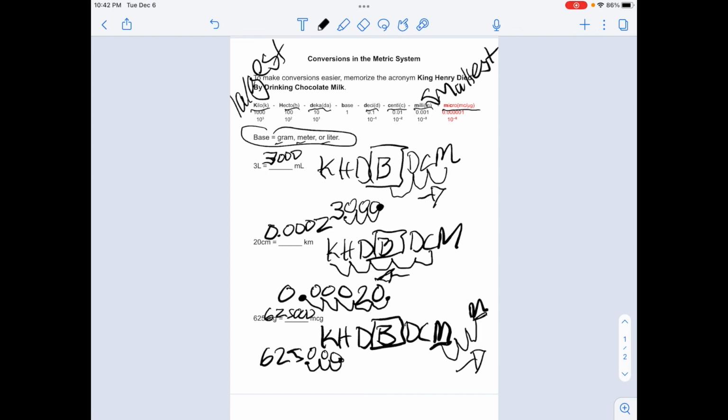And this makes sense because we have 20 centimeters for every 0.0002 kilometers. 20 is larger, so that holds true. Our next example, we're going from 625 milligrams to 625,000 micrograms. Micrograms are smaller than milligrams, and this holds true because that's obviously a much larger number.